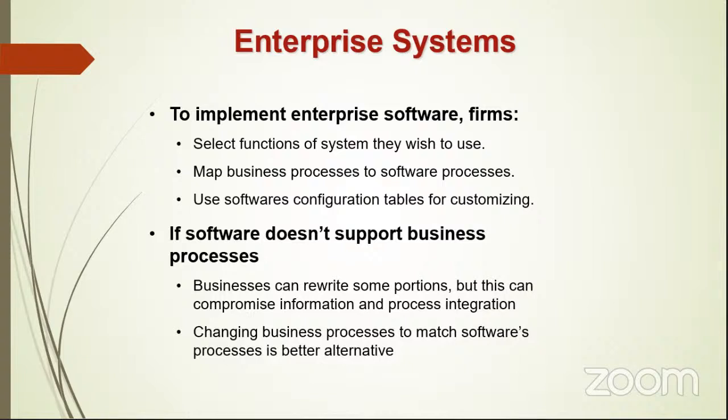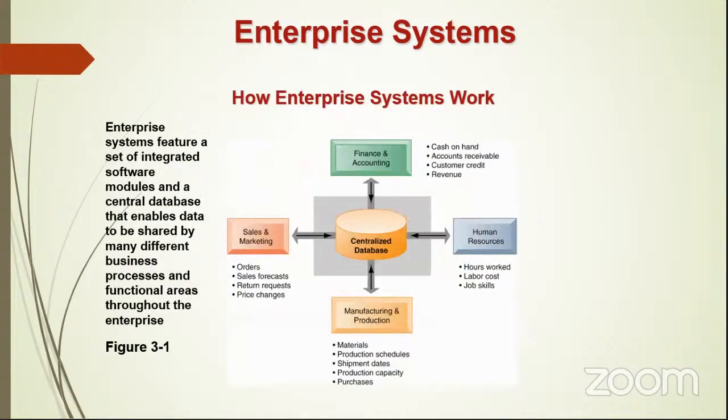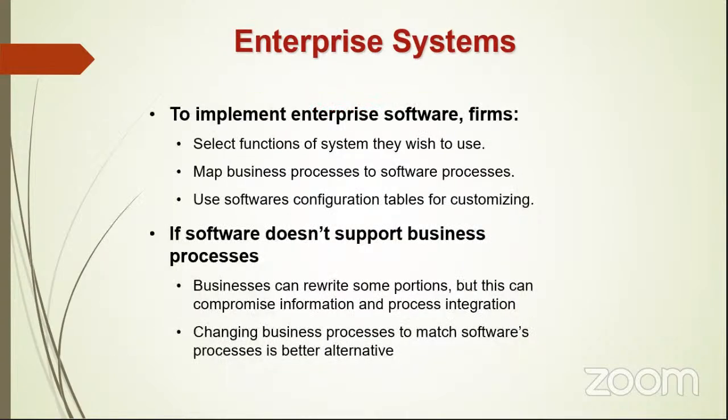But sometimes that software needs more than minor tweaking, and so they can rewrite some portions or actually change their business processes to match the software. Usually, changing the business processes to match the software is not ideal. Usually you're either going to rewrite some of the software or change your business processes so it's more efficient. It might be that you need to change the business processes so that when automated, it will work better, but that's normally not to match what the software is doing. It's sometimes possible. So you can go to the next slide.